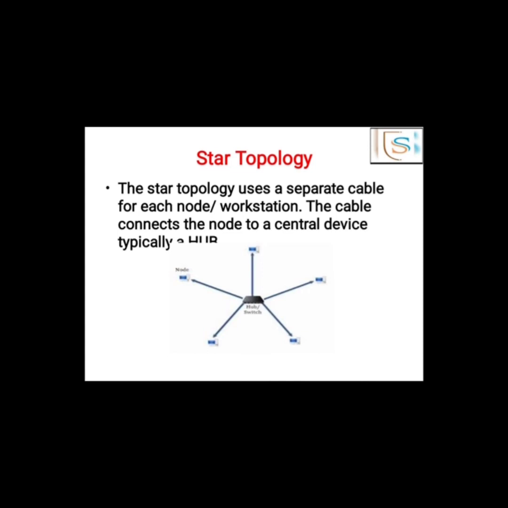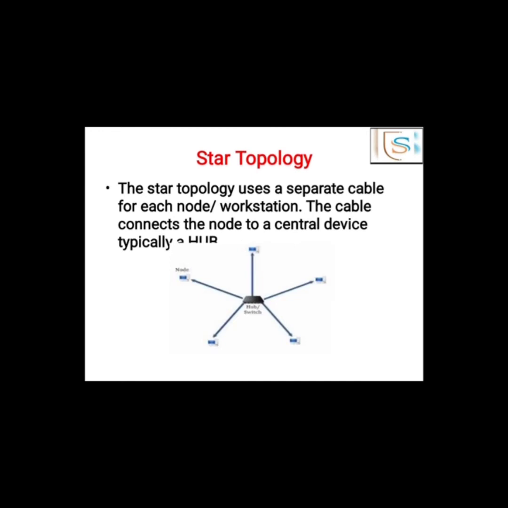Next comes star topology. As you can see in the diagram, one single device, one single piece of hardware which is known as the hub, and all the rest of the workstations are attached to it in the form of a star.